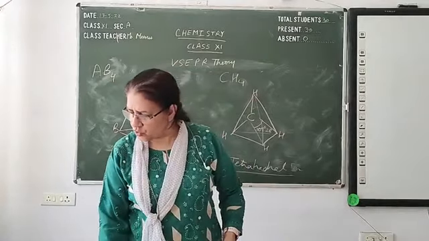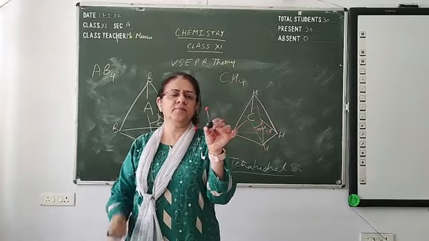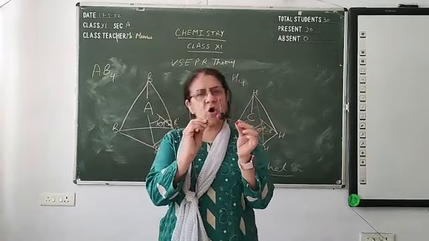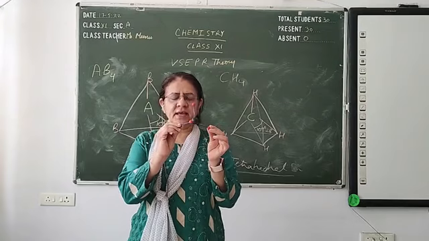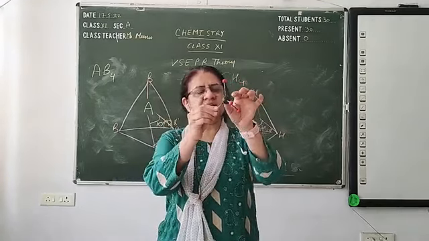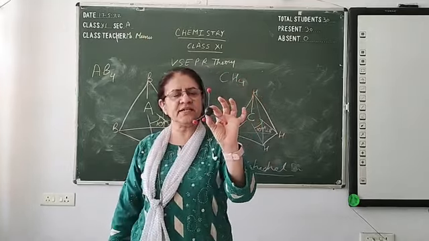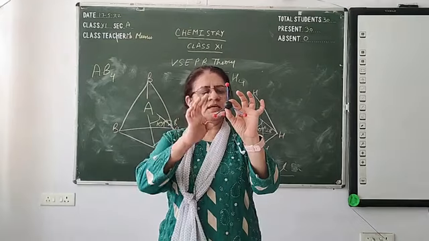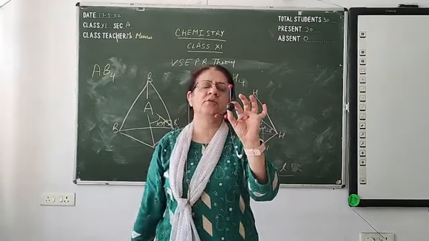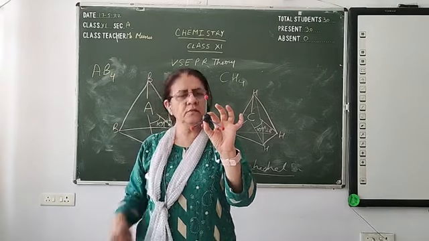Let me show you the ball and stick model for methane. This is the ball and stick model for methane. In the center is carbon. You can see clearly this black ball represents carbon. These four red balls represent hydrogen.